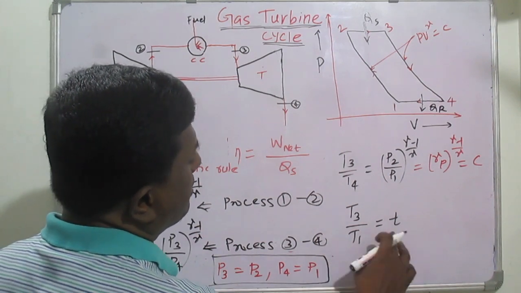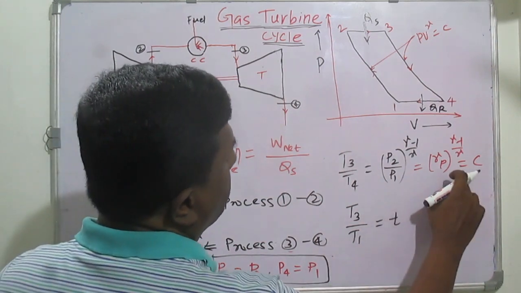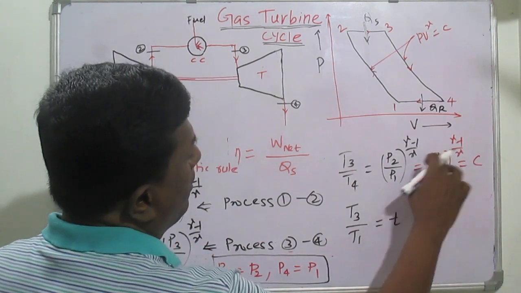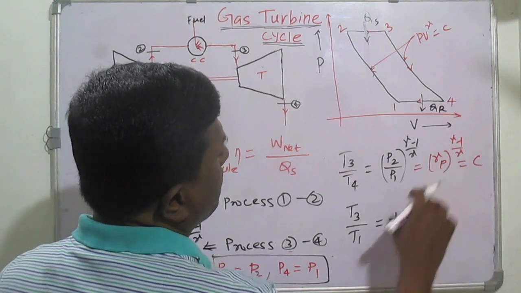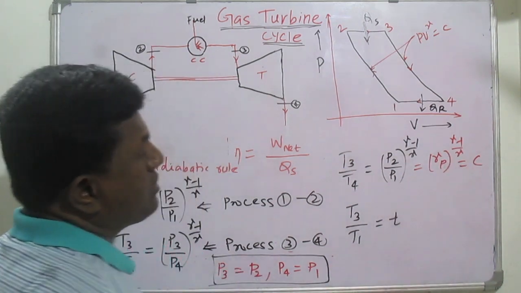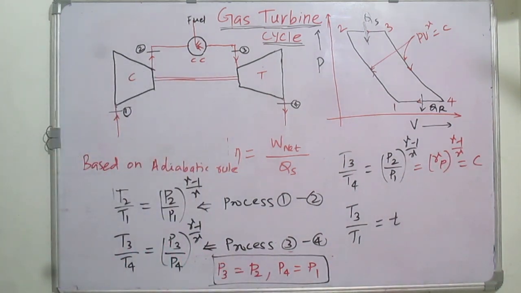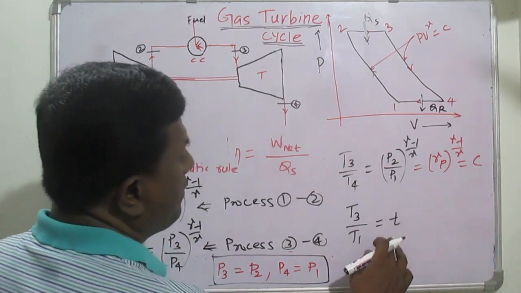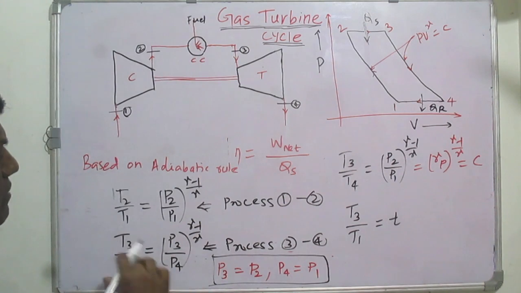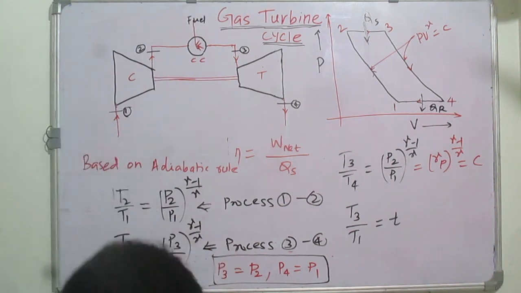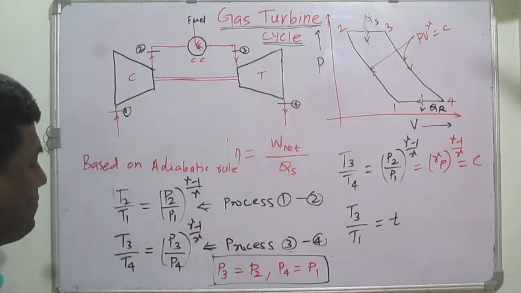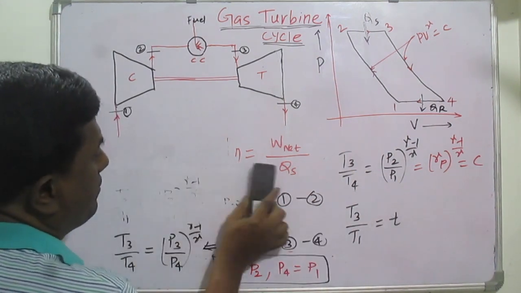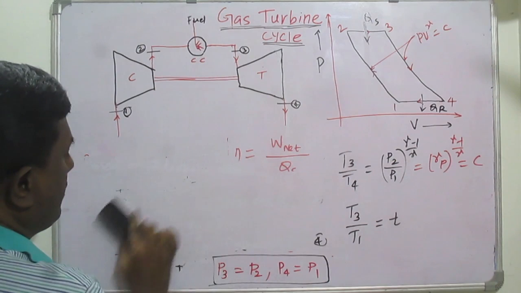We can say this is the temperature ratio, and the other is based on the pressure ratio raised to the power gamma minus 1 by gamma, which we are taking as C. So by using T and C, we are going to simplify our previous expression.